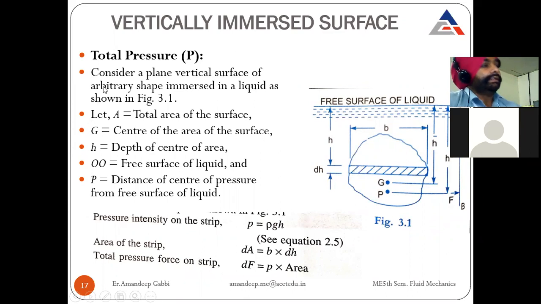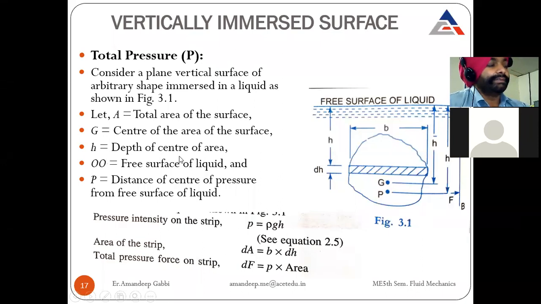Now consider a plane vertical surface of arbitrary shape immersed inside a liquid as shown in figure 3.1. A is the total area of the surface. G is the center of area of the surface. We also call it the centroid.